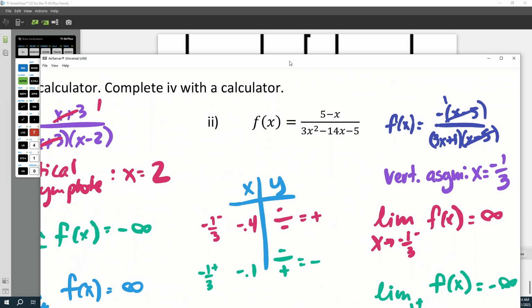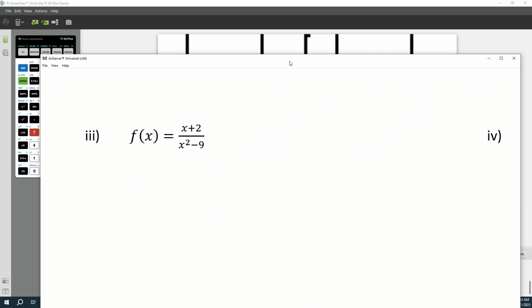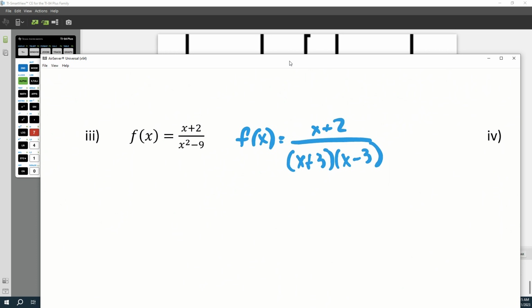All right, so this definitely can be very tedious without a calculator, but it's doable. Okay, the next two, there's going to be more than one vertical asymptote, so they're a little bit more tedious. But we'll start off by factoring again. Now, I love these when they work out where things cancel, but a lot of times they just don't.